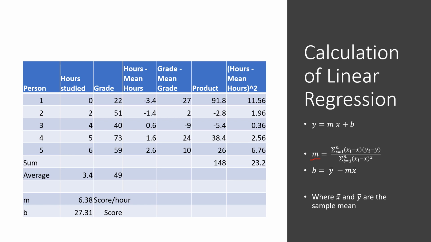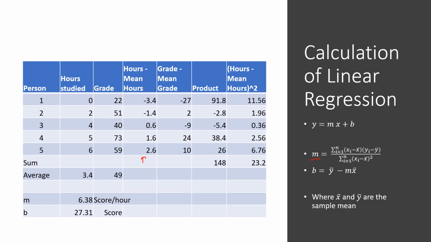It's the same example we had before. We have 5 people, and we know the number of hours studied and what grades they get, in points. In the fourth column here, we're taking the number of hours studied minus the mean number of hours.